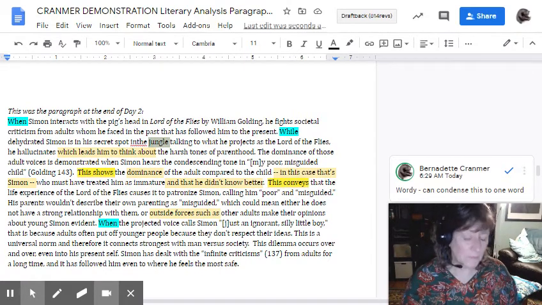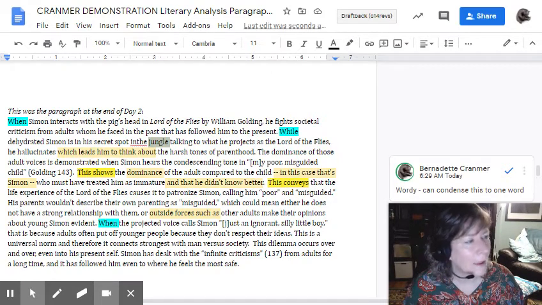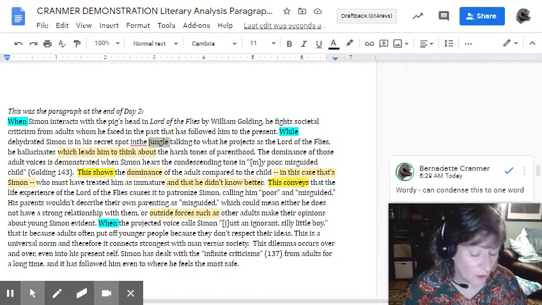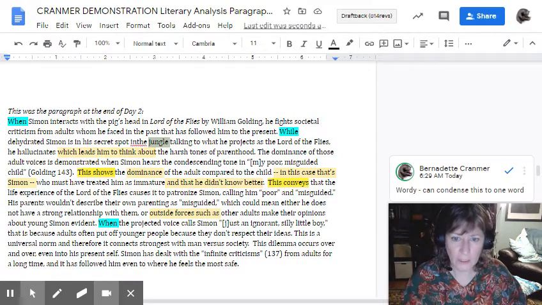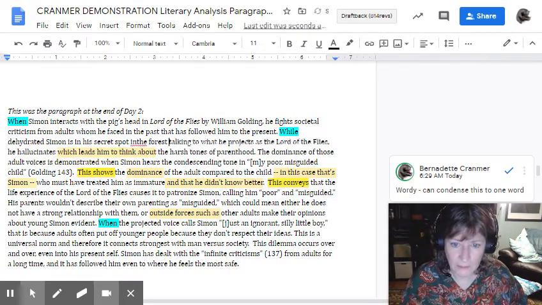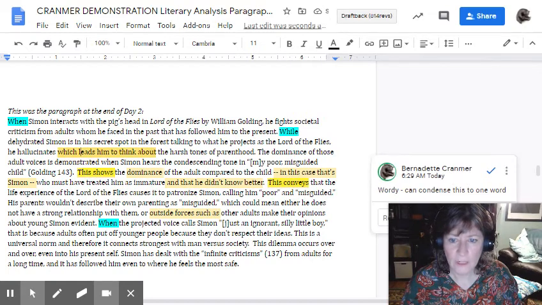It's a tropical island, but actually, we're assuming it's tropical. There might be different kinds of islands that aren't tropical at all, but William Golding calls it a forest. So we need to make sure that our word choice matches the word choice of the text that we're studying. Okay? All right, that takes us to our next issue.